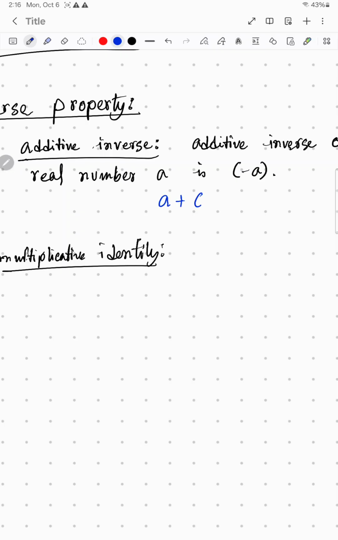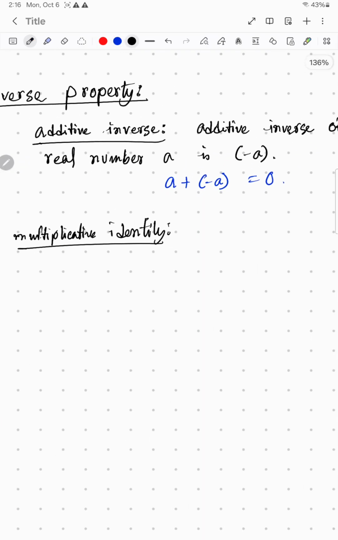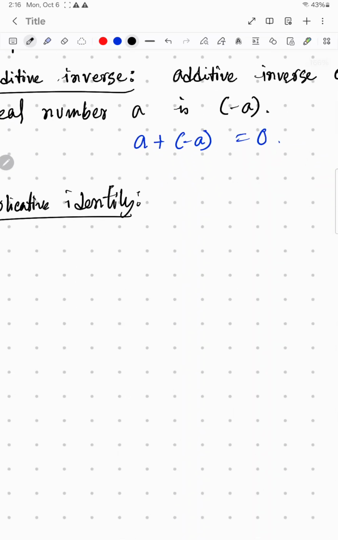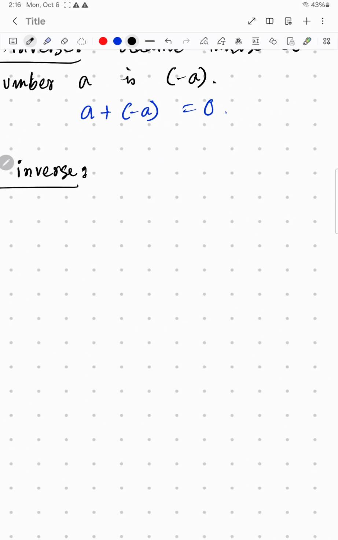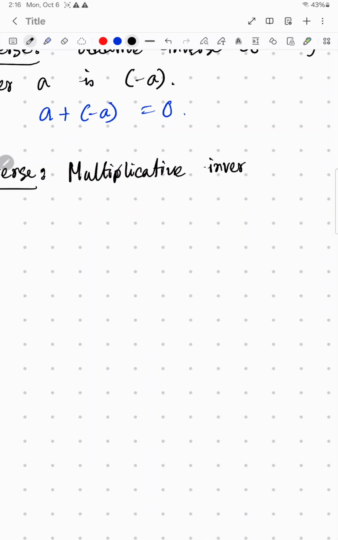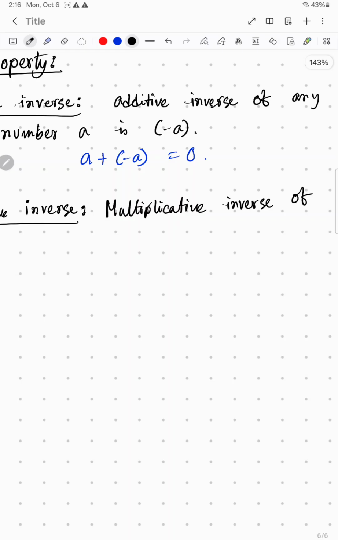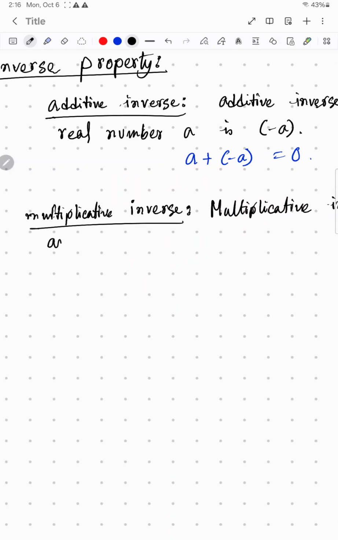Because a plus negative a is 0. Similarly, the multiplicative inverse, sorry, not identity, my bad, it should be inverse, of a is 1 over a.